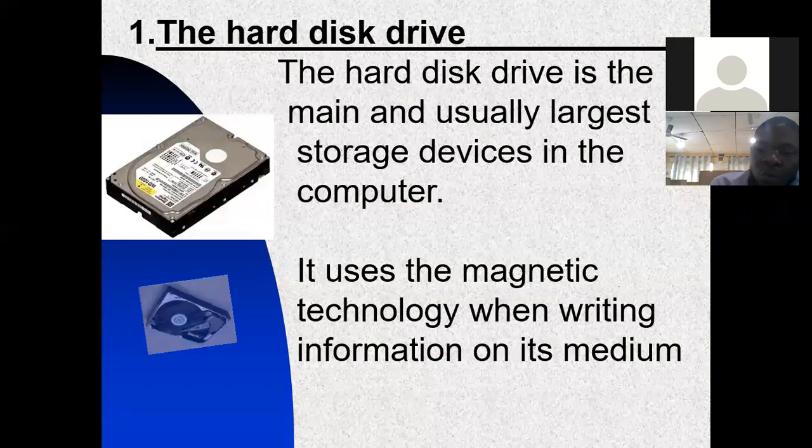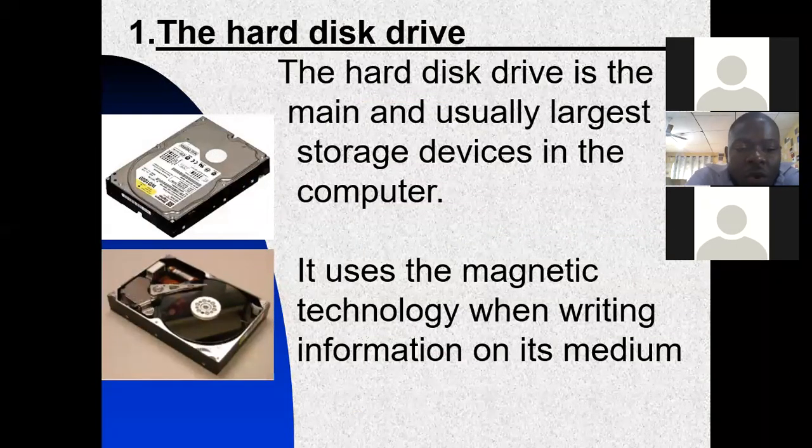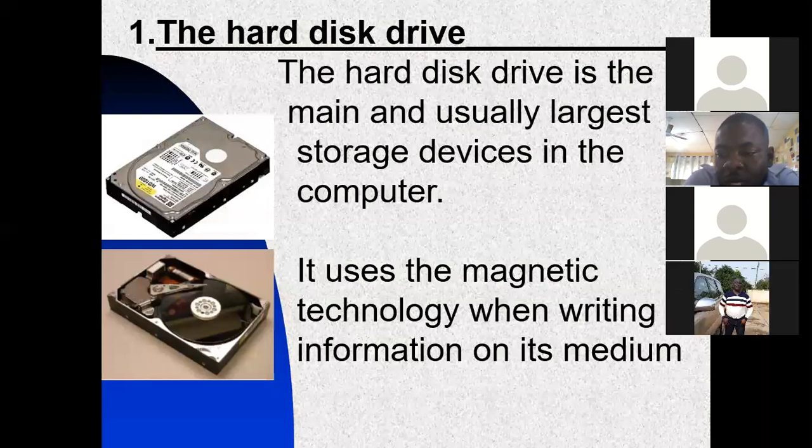Now, the next one we will look at is the hard disk. You have all seen the hard disk before, haven't you? Yes. Now, when you save a file on your PC or on your laptop, where does it go? I mean, on which device is it going to be stored?